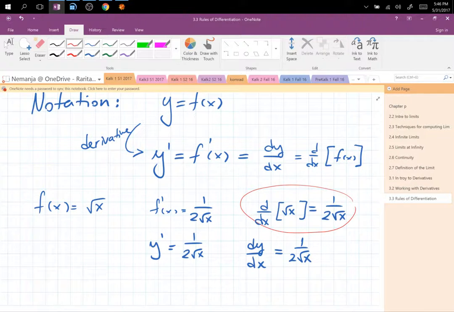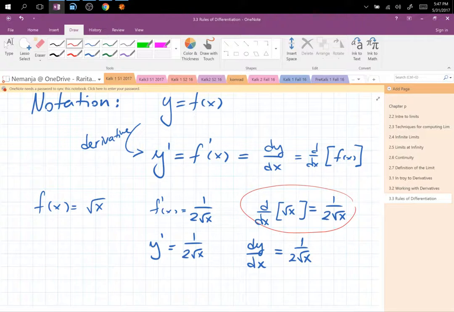The derivative of root x is 1 over 2 root x. Now over here, you're just stating the derivative is 1 over 2 root x. But you have to have this as input. So you either have any of these pairs, right? Like that or like that. Those as pairs. Or you can write just one thing together like this.